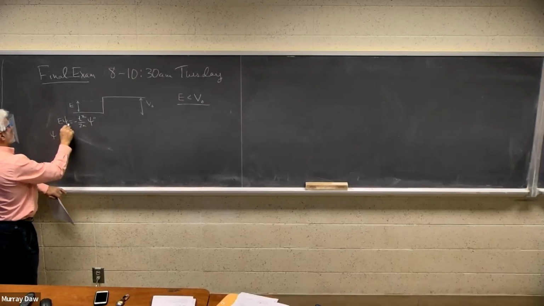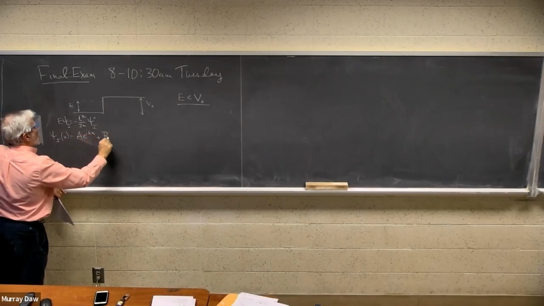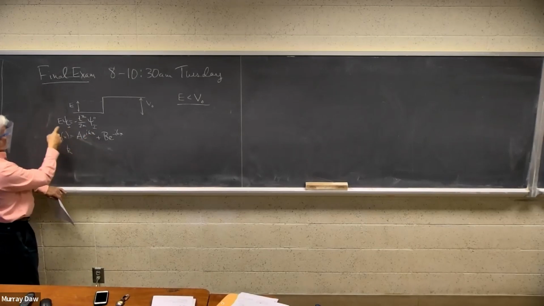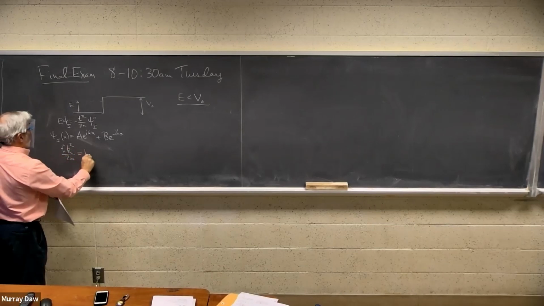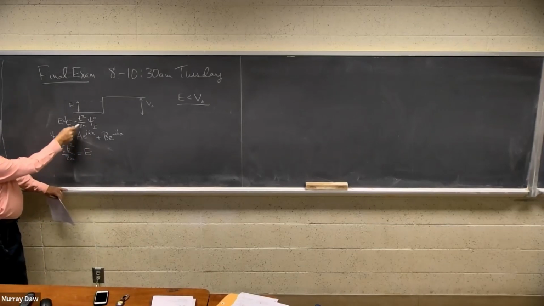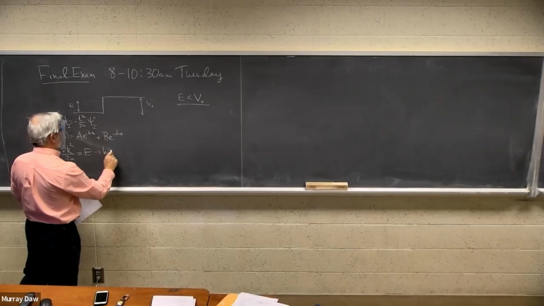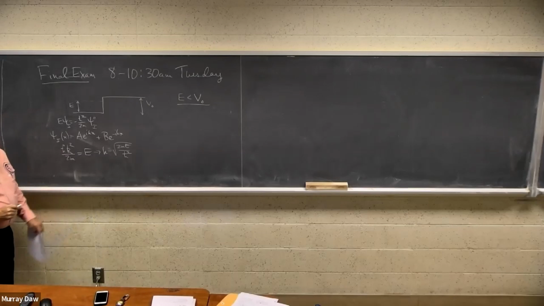So the solutions in this first region are of this form: an incoming and a reflected part. K is given by this relation, which you get by substituting into this equation. K has to satisfy this relationship with E, in other words, K is equal to the square root of 2mE over h bar squared. Okay, that much I think everybody got.